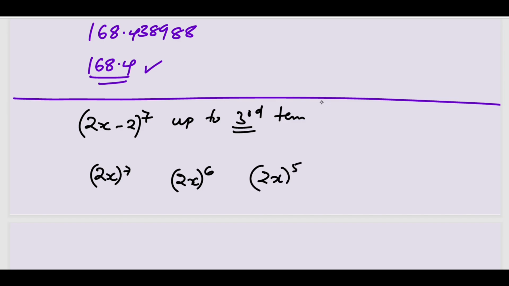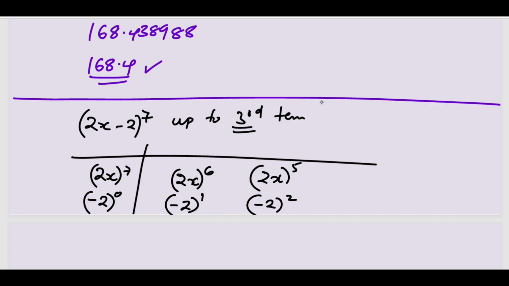Then we move to (-2)^0, (-2)^1, (-2)^2. Then remember the coefficients of 7, they were 1, 7, 21.